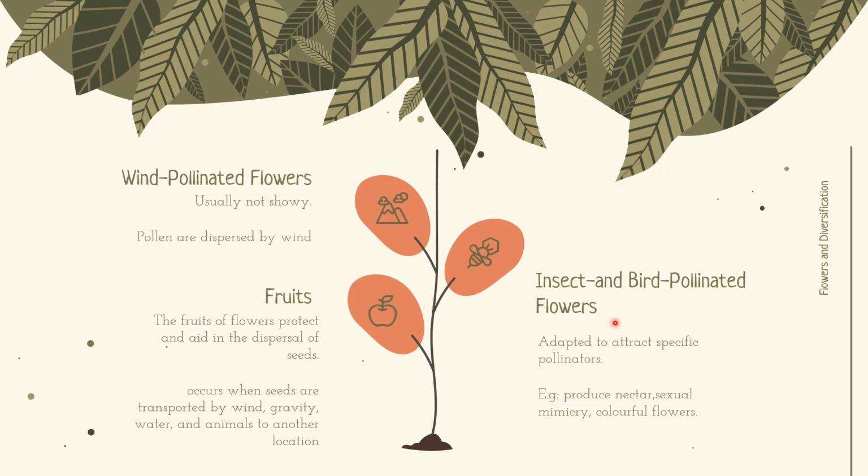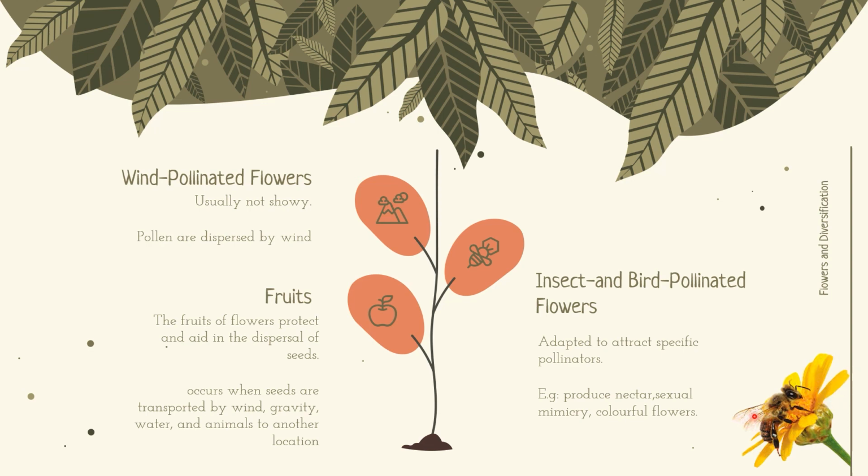Since insect and bird pollinated flowers have to attract their pollinators, this type of flower has adapted to attract specific pollinators. How do they adapt? Some flowers produce nectar and have colorful petals. For example, this flower has a bright yellow color and produces nectar.